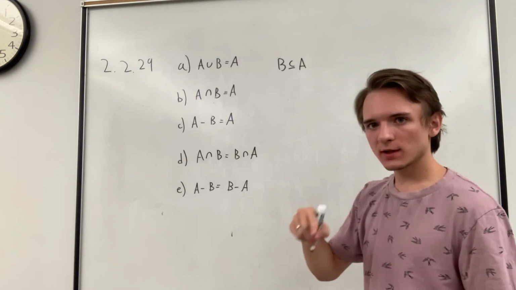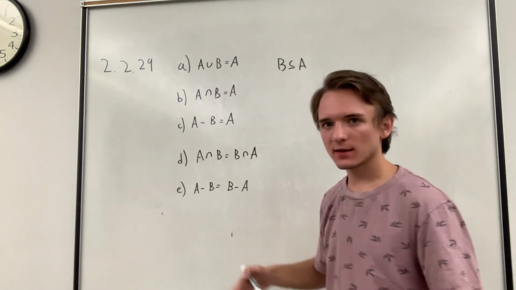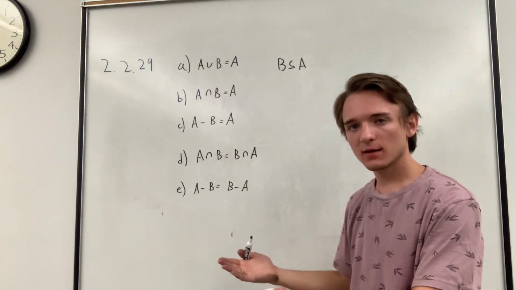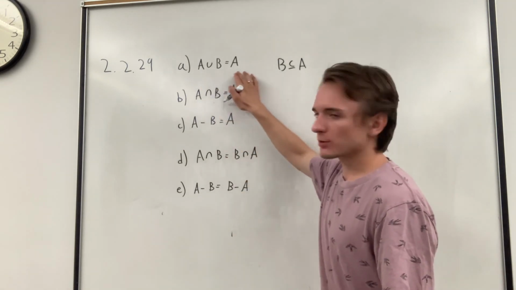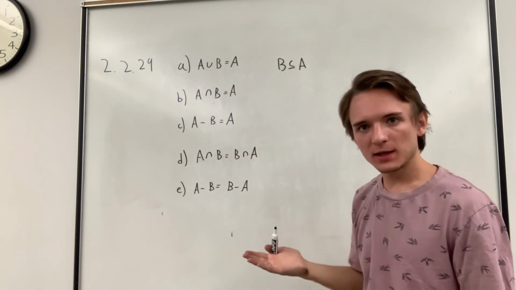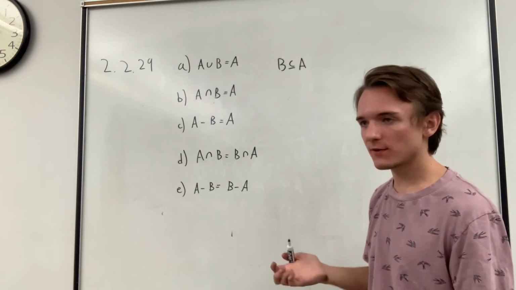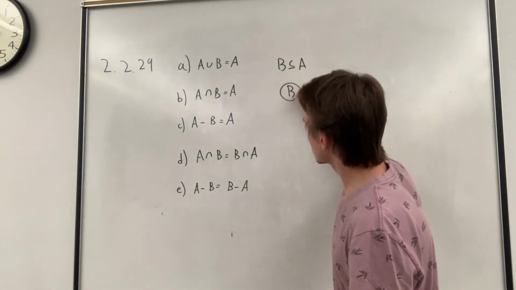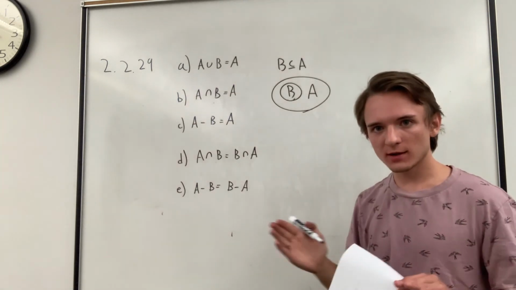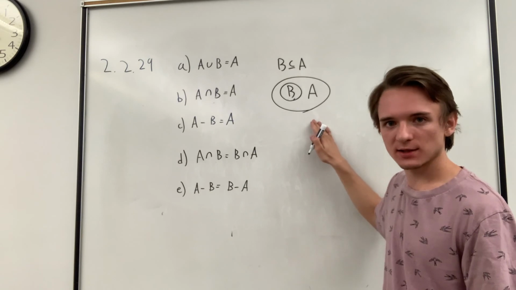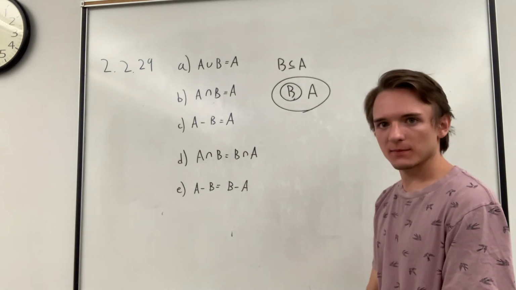So remember that the union tells us that this expression here contains the elements that are in A, but also the elements that are in B. If this union is equal to A, then that means that all the elements of B must be entirely contained within the larger set A. In other words, B is a smaller subset of the larger set A, and combining both of their elements just gives us A still.